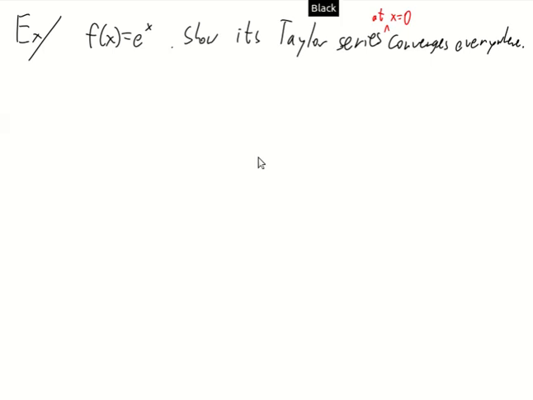And this is actually an example that I was talking about. You can come up with a formula for the derivatives, because in this case the derivatives are actually just 1. So being able to show this using the root test is possible.